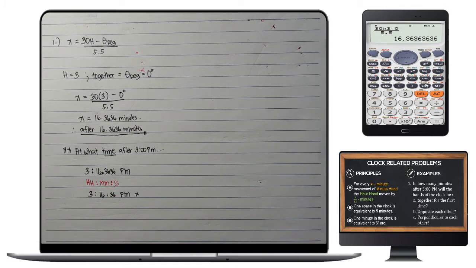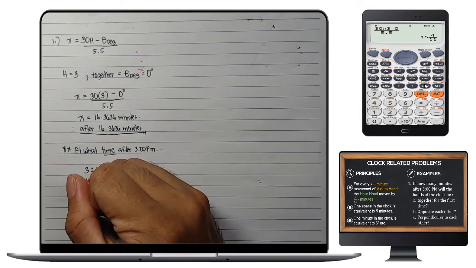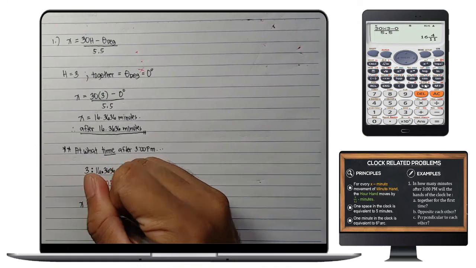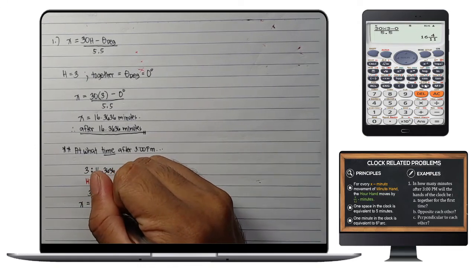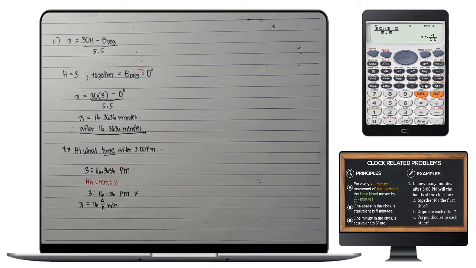So, para lang mas malinaw, pakita natin yung fractional form niyan. So, yung x natin, yung na-solve natin na x, that is equal to 16 and 4 over 11 minutes. Okay? So that is simply 16 and 4 over 11 minutes.